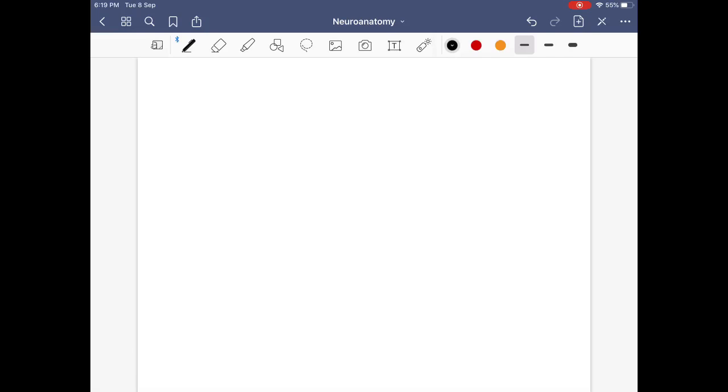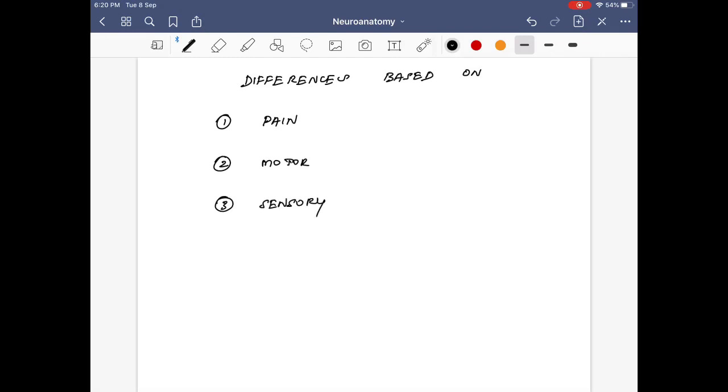The second thing we need to know is the differences between cauda equina and conus medullaris. We will discuss them based on four things: pain, motor disturbances, sensory disturbances, and fourthly the autonomic or bladder disturbances.